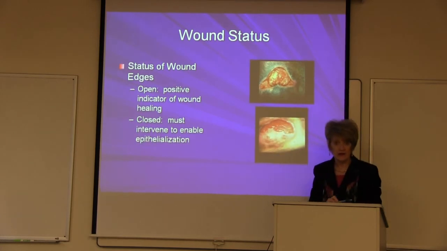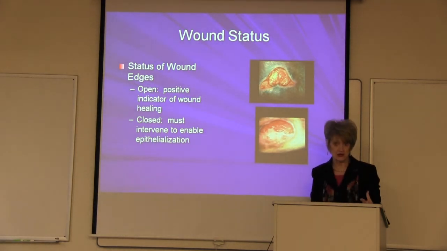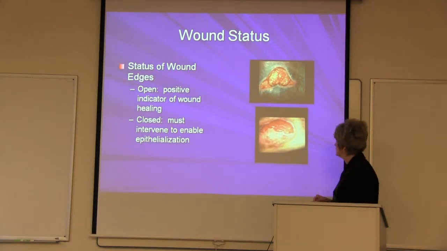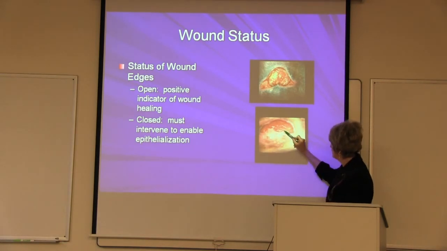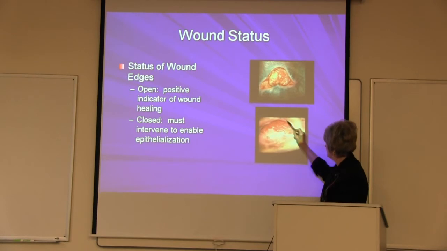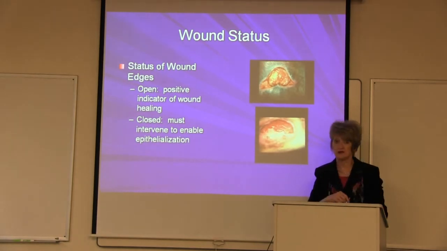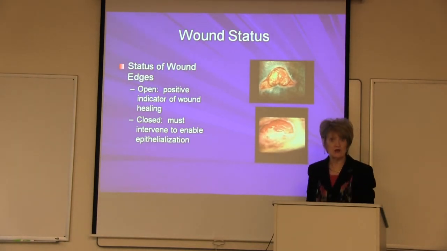So look very carefully at your wound edges. When you get into clinicals, it will be easier to appreciate open versus closed wound edges. This one you saw earlier, again, open on the inferior aspect, closed on the superior aspect. And you know, major implications if you find closed wound edges, you're going to have to intervene to get that wound to heal.